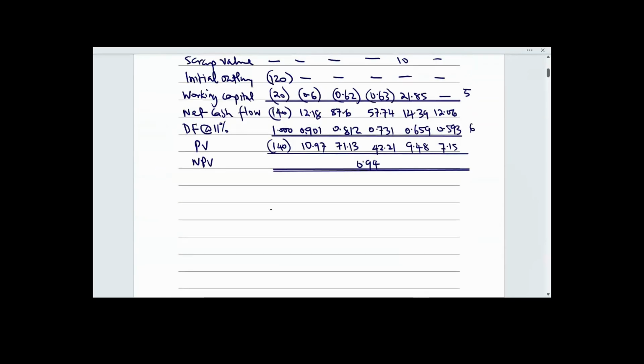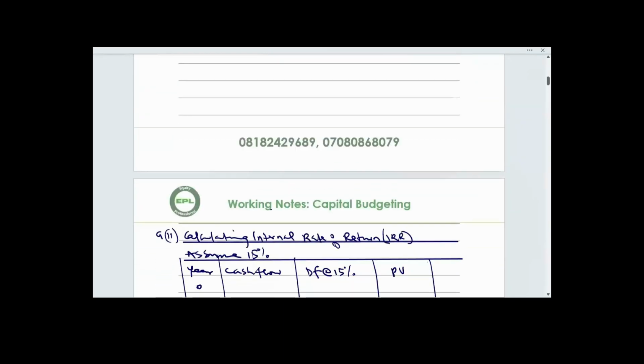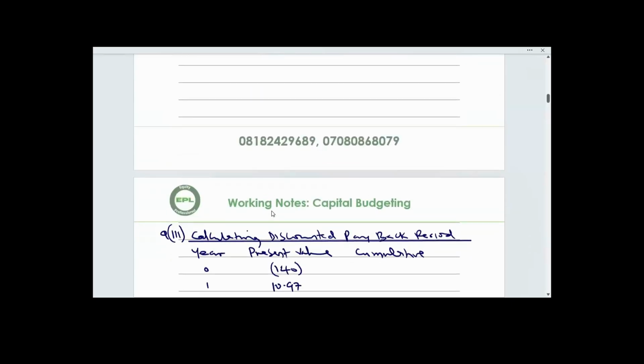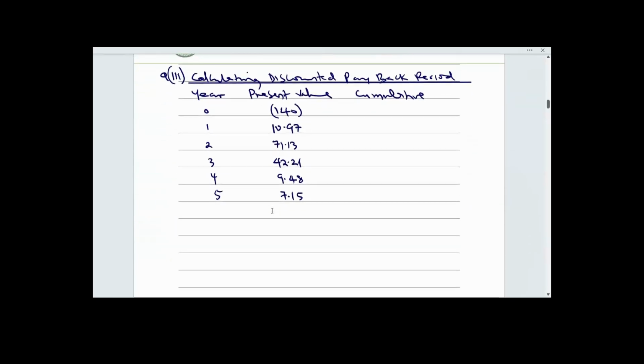Now, what I'm trying to say in essence is that if in the question you have not calculated present value before and you are now asked to calculate discounted payback period, first thing first, you create a column for number of years, another column for cash flow, another for discount factor, a column for present value, then a column for cumulative.